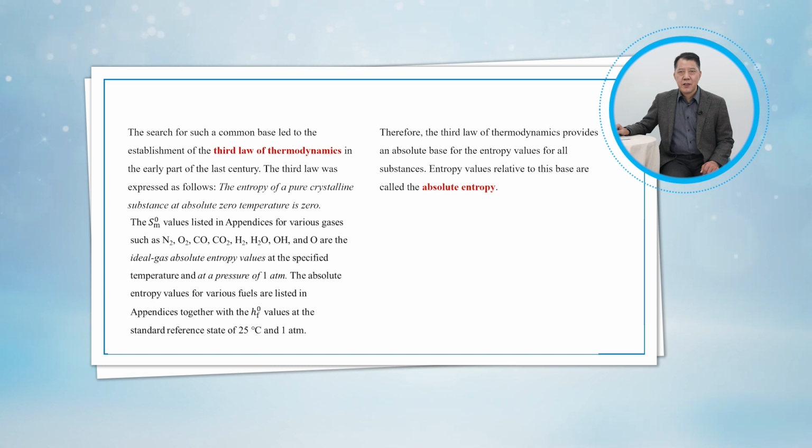The absolute entropy values listed in the appendices for various gases such as nitrogen, oxygen, carbon monoxide, carbon dioxide, hydrogen, water, OH, and O are the ideal gas absolute entropy values at the specified temperature and at a pressure of 1 atm.